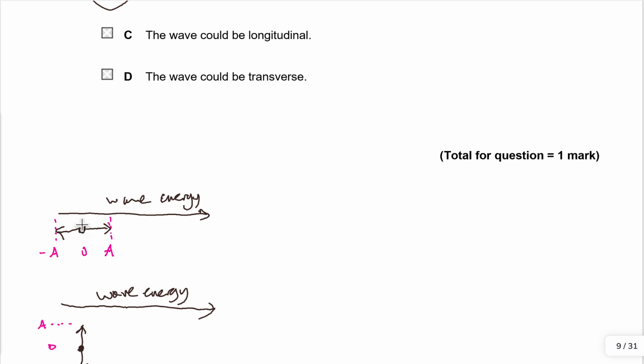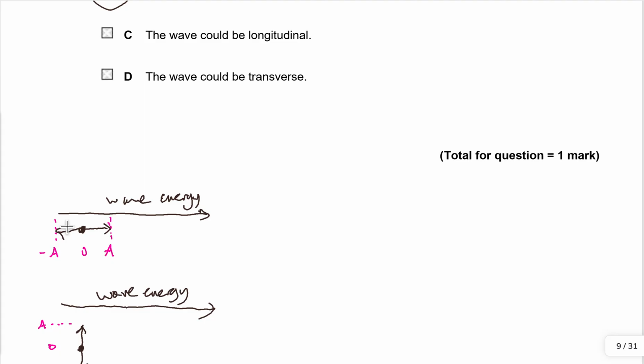So when we have a longitudinal wave, this picture here, this is a particle there, that dot, and we know that the particles oscillate. I've just picked one of thousands of particles in that wave. So let's look at that. That particle will be oscillating back and forth sideways, and the wave energy is propagating parallel to the oscillations.